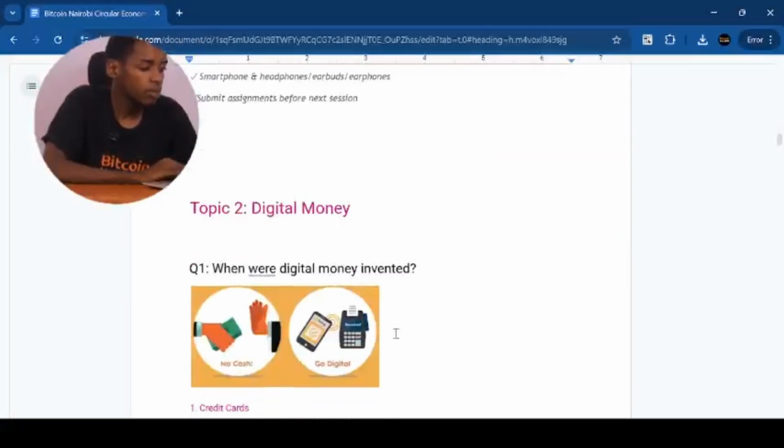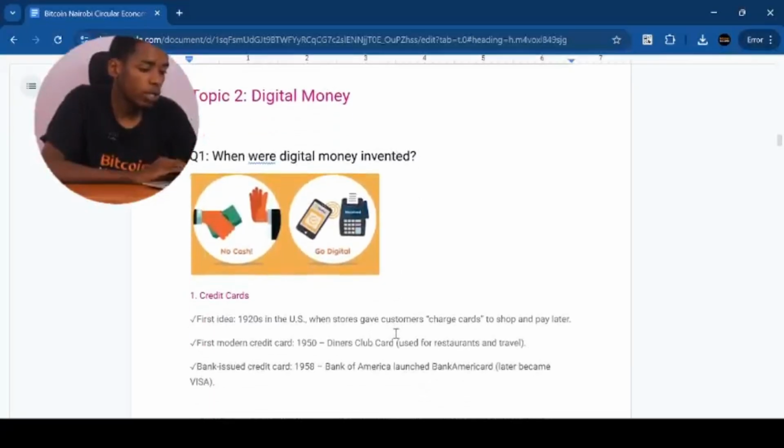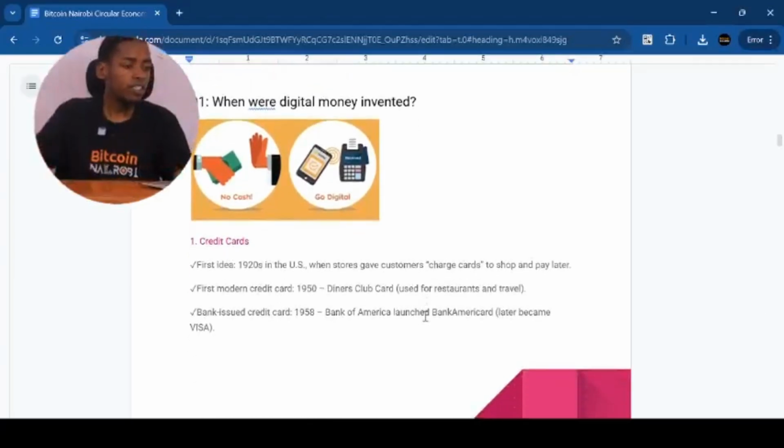Let's get into it. So topic 2, digital money. When was digital money invented? The first idea was in the 1920s in the US, when stores gave charge cards to shop and pay later.